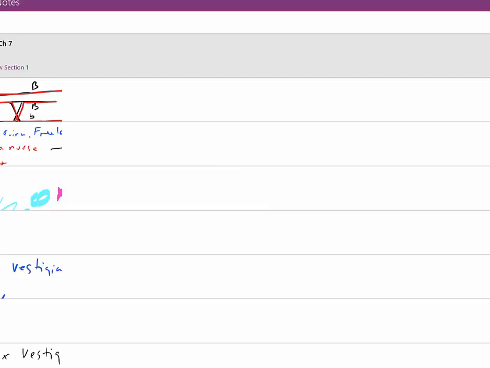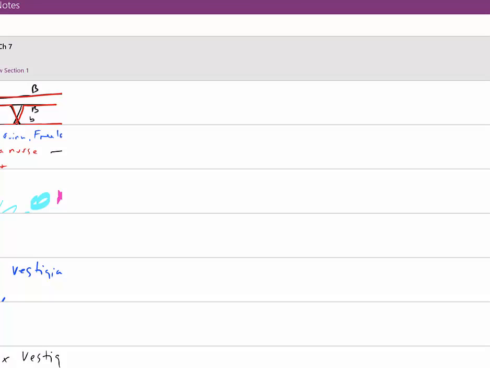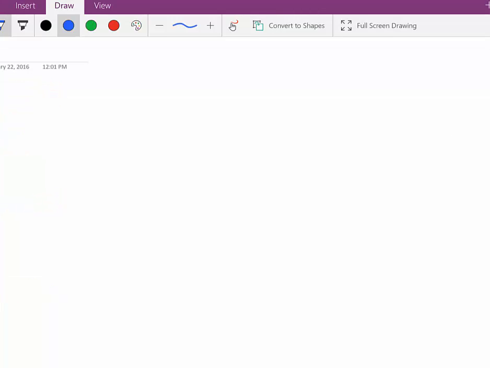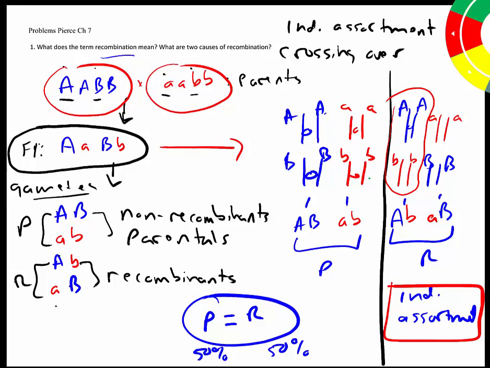How does crossing over work? So crossing over is another way to get recombinants, and I want to make sure we're doing it the same way.